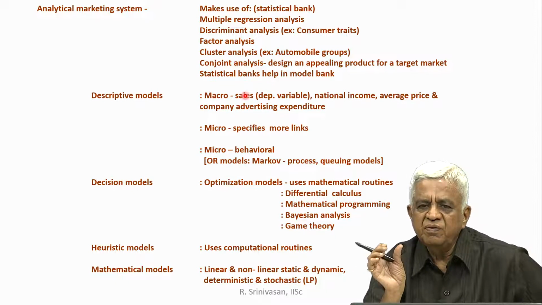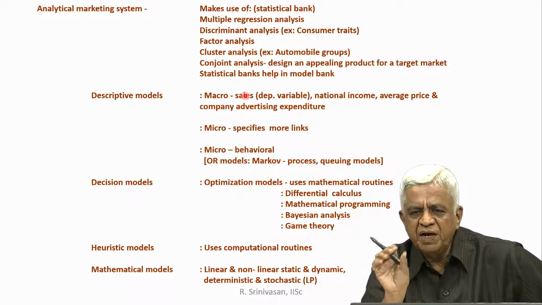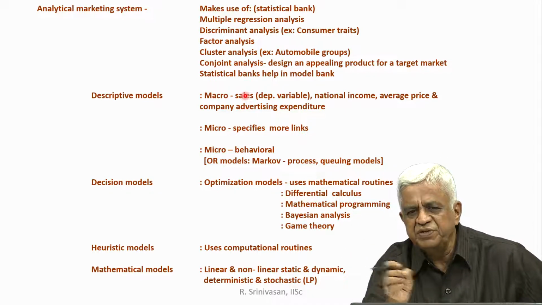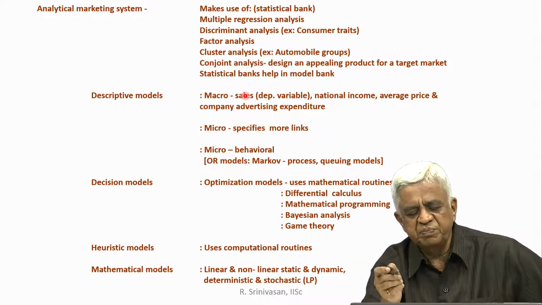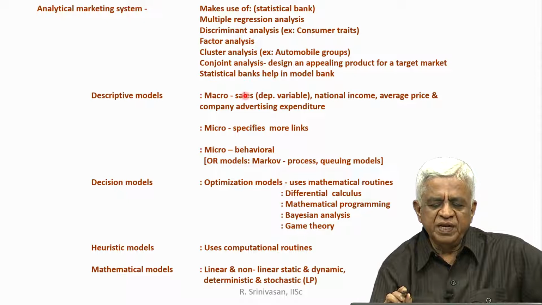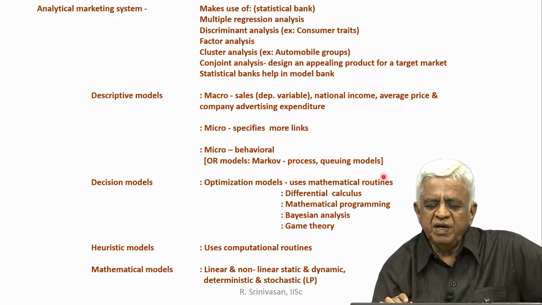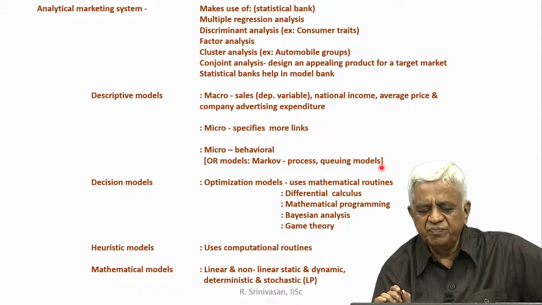Then we may want to again look at a micro behavioral model. We look at the behavioral picture also. So, you have more links, you have the behavioral aspect coming in. So, there the OR portions coming, and here we make use of the Markov process and the queuing models.